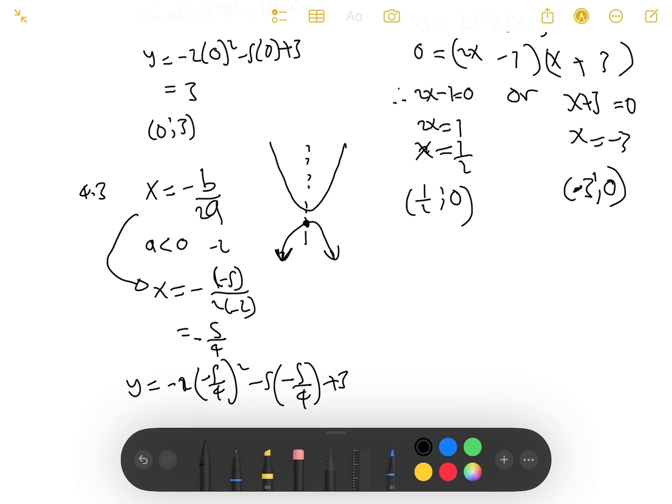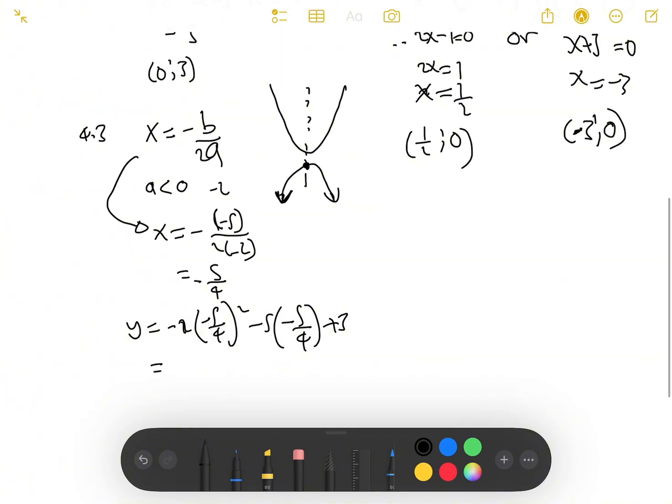Let me just calculate. Okay, it actually gives us 49 over 8, which is roughly equal to 6.13.